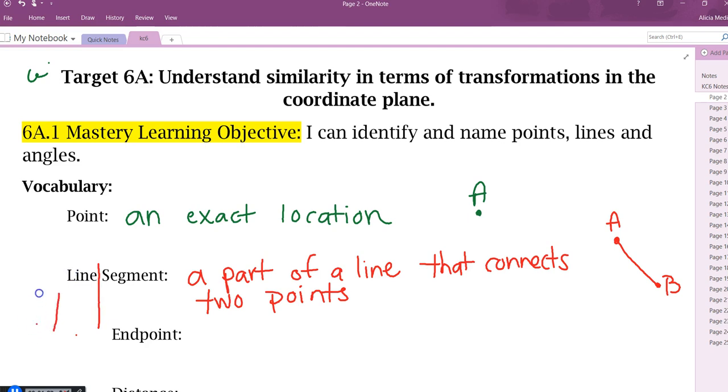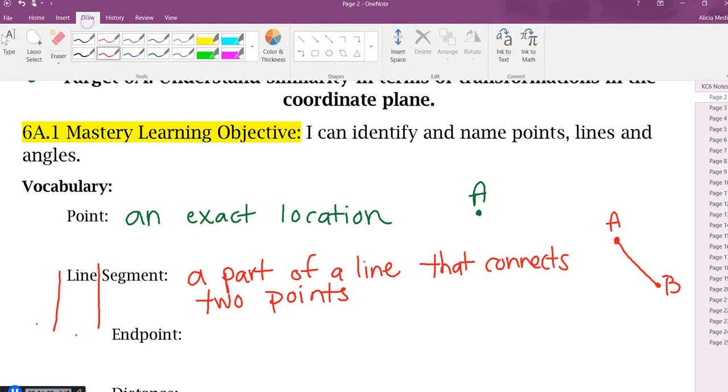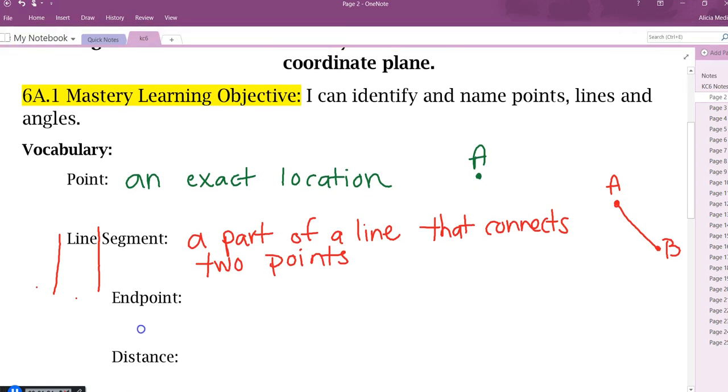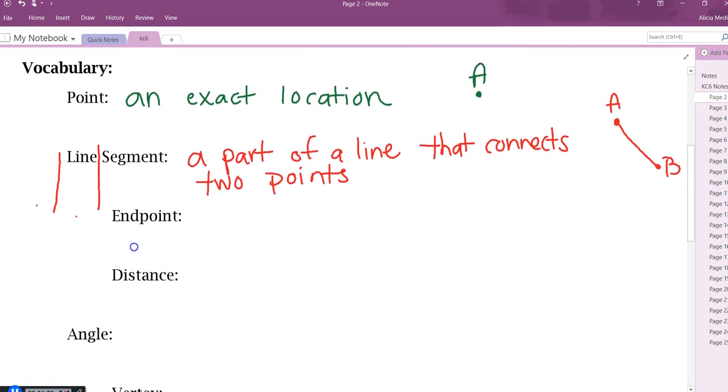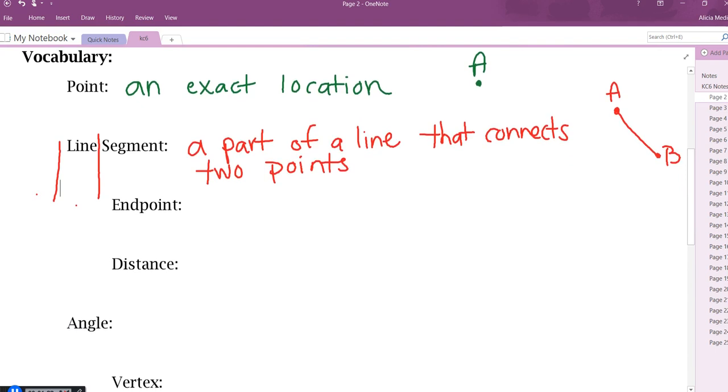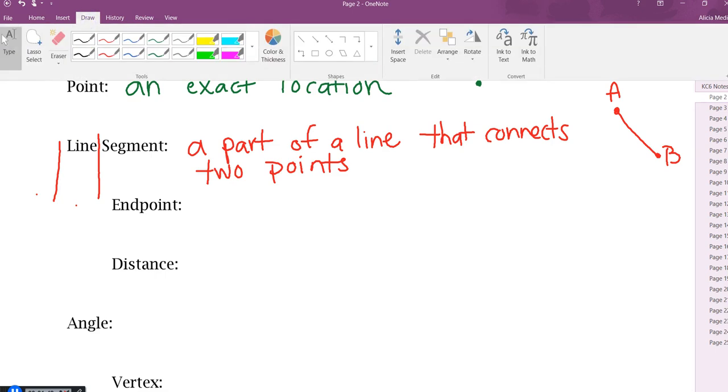All right, so now what does it mean to have an endpoint? An endpoint is either one of the 2 points that are part of that line segment.